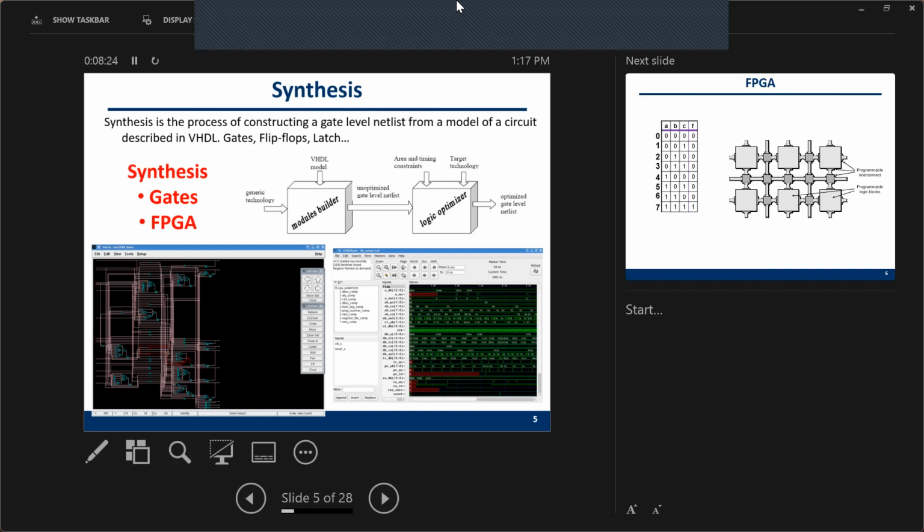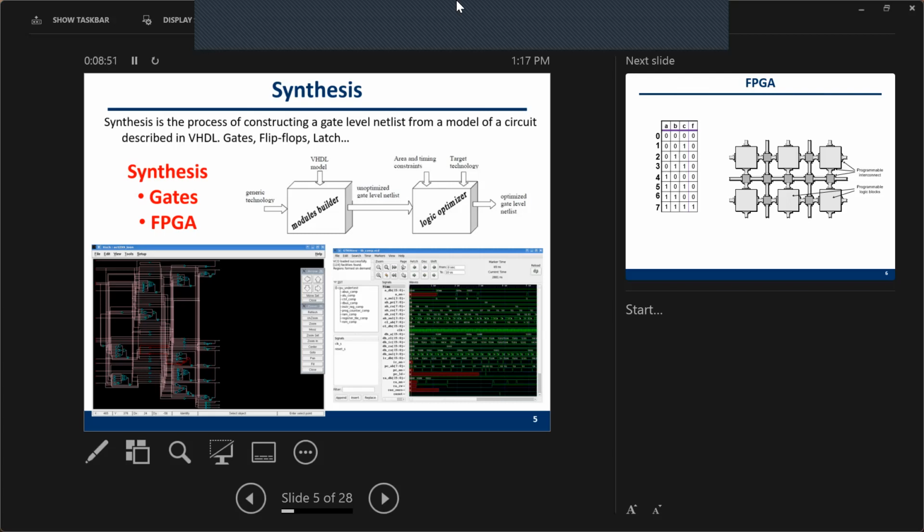And then eventually the EDA software, such as Vivado, or its algorithm, will implement your logic function, your Boolean function, with some logic gates. So you can write your HDL code here.